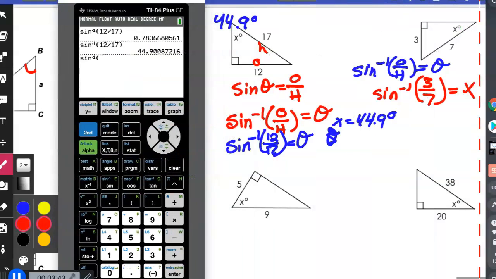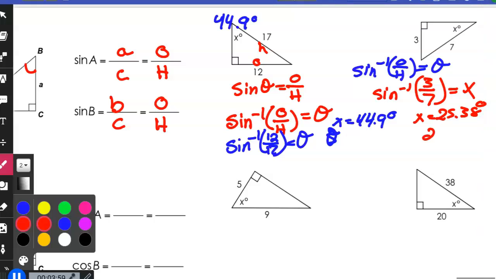Inverse sine, 3 divided by 7, and you get 25.38, or 25.4, depending on what you're rounding to. We'll do tenths. 25.4 degrees. So that's how you use trig to find the missing angle. You have to have at least two sides, and you can find the angle.